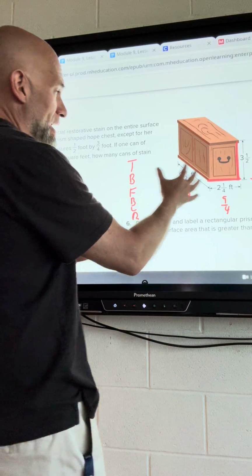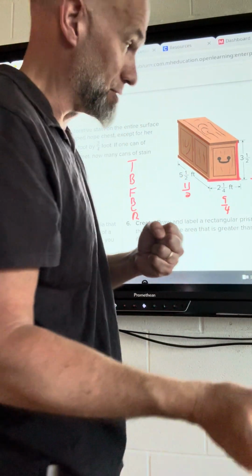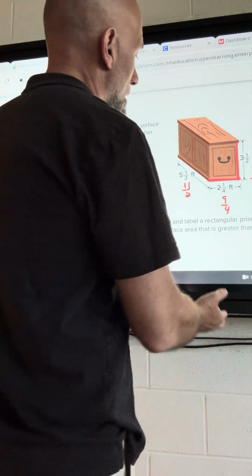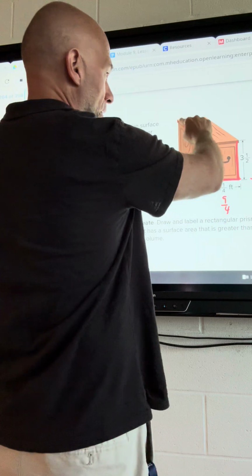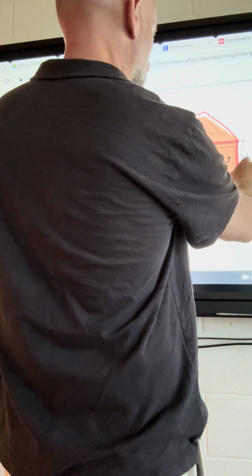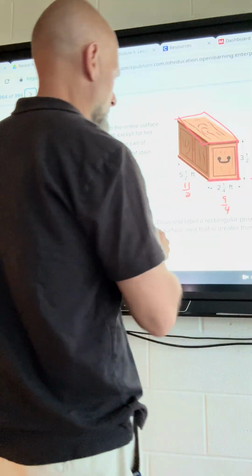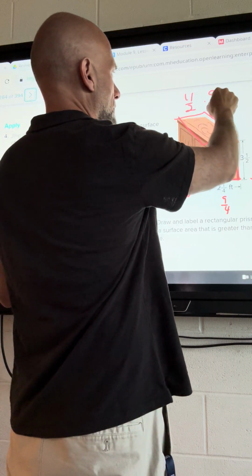And after you're done multiplying, you're going to have to add, so don't forget you need some common denominators. So I'll help you out a little bit on this one. If we're doing the top and the bottom, the top is going to be 2 1/4 by 5 1/2. So that will be 11/2 times 9/4.